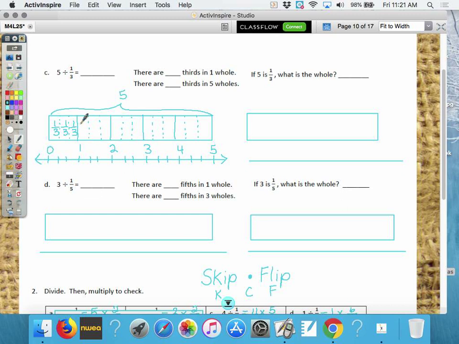So we're doing thirds, so I think we should be able to count by threes. One whole is 3/3, right? 3, then what? 6/3. Good.